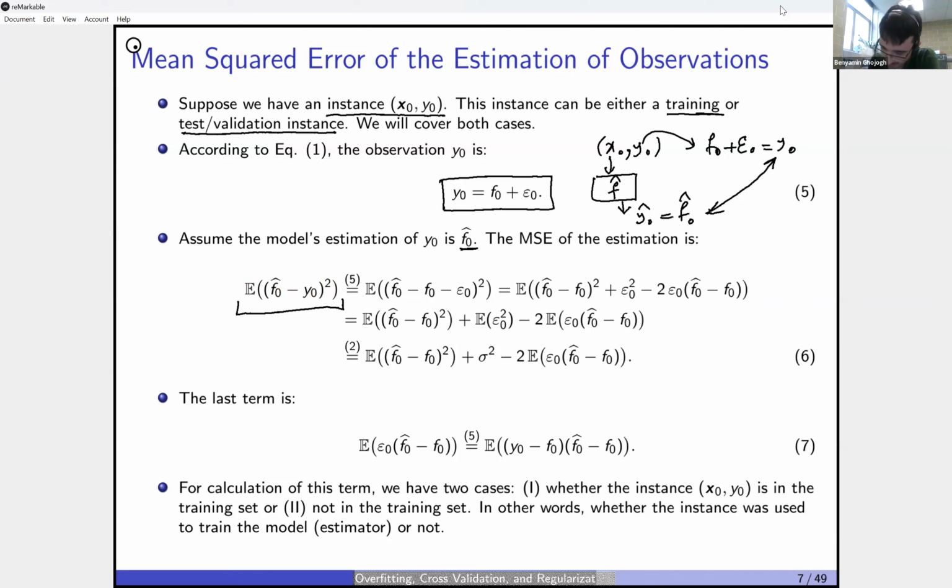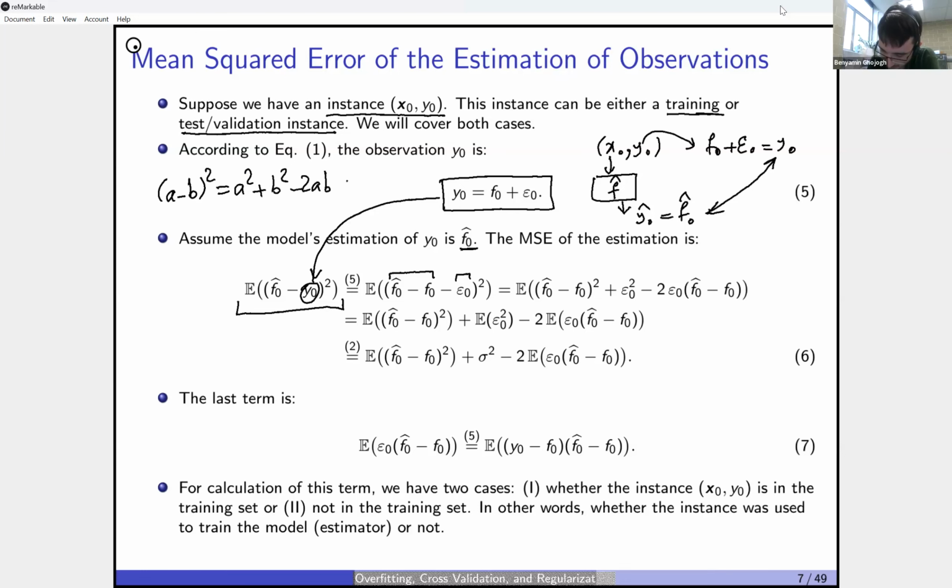Okay. And now let's replace y0 with what we have in equation 5. If we do that, we'll have the expectation of f0 hat minus f0 minus epsilon 0, squared. Then consider this as a term and this as another term. I use this binomial formula: a minus b squared is a squared plus b squared minus 2ab, right?